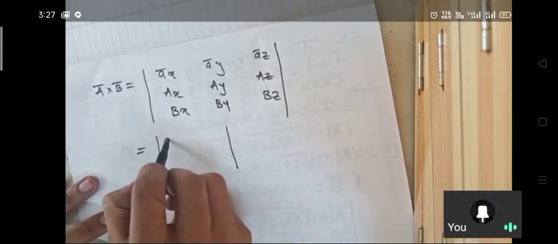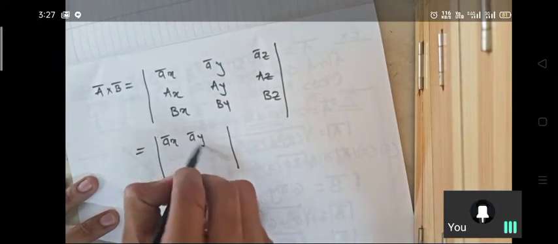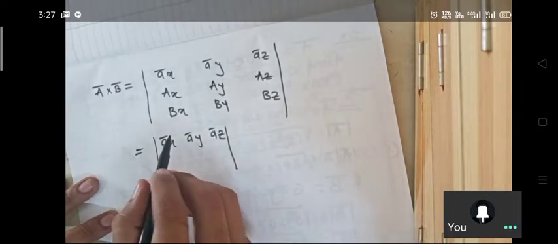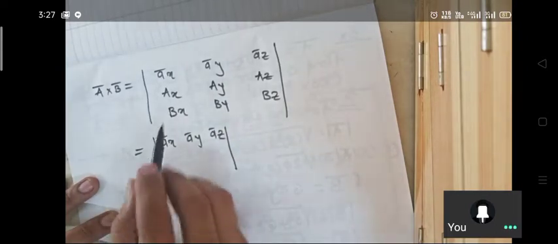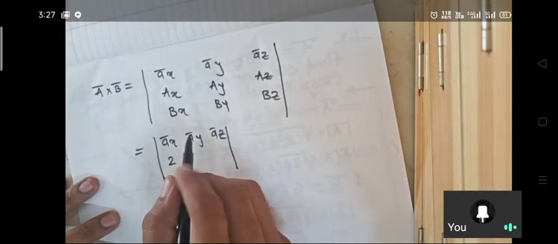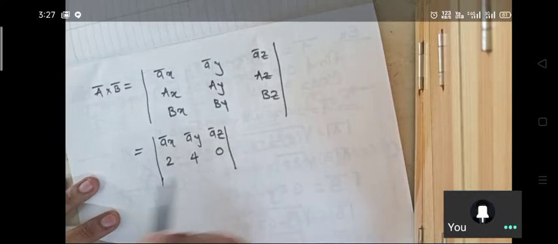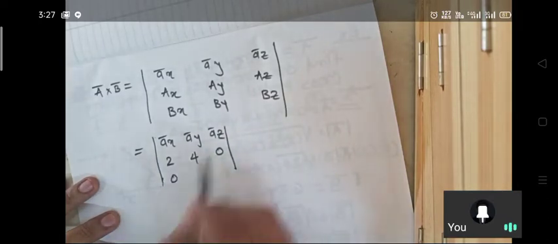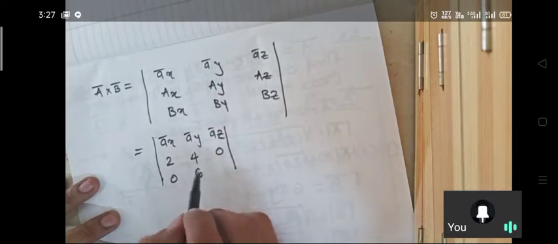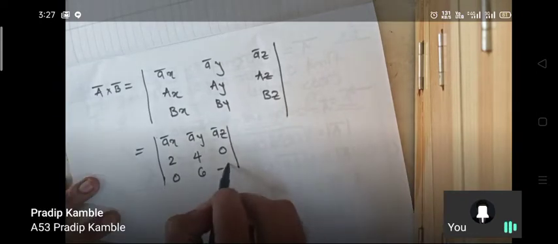So this is a bar x, a bar y, a bar z. ax is 2, ay is 4, az is 0. Then next bx is 0, by is 6, and bz is minus 4.